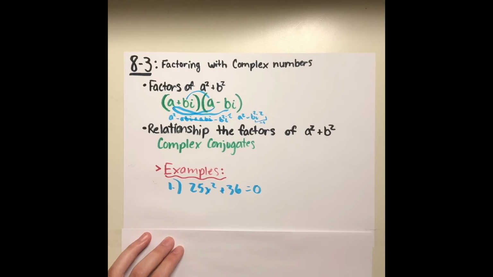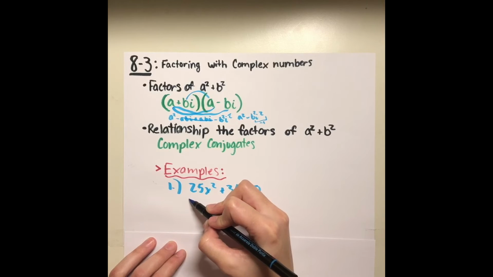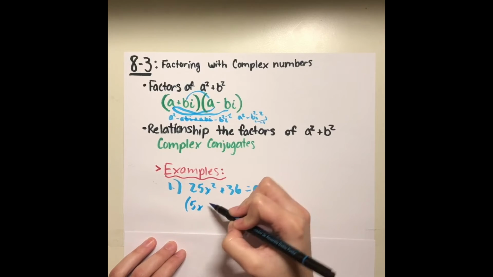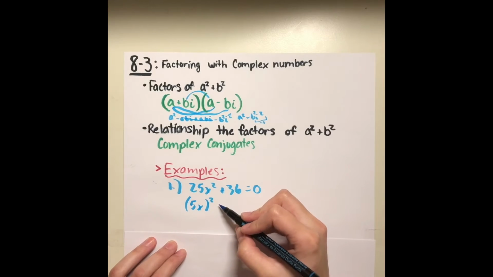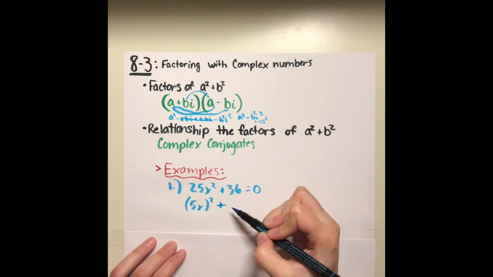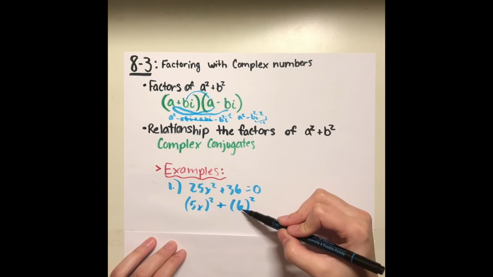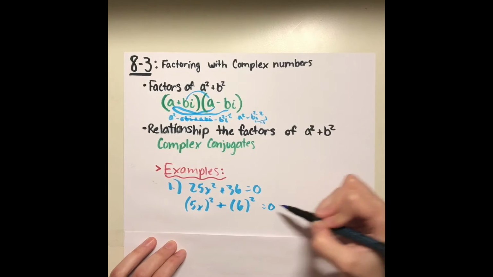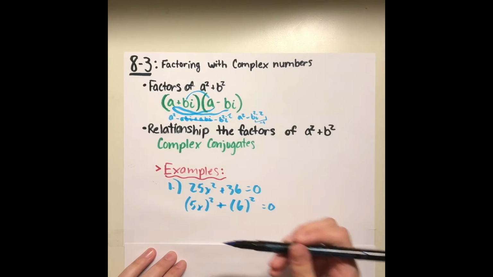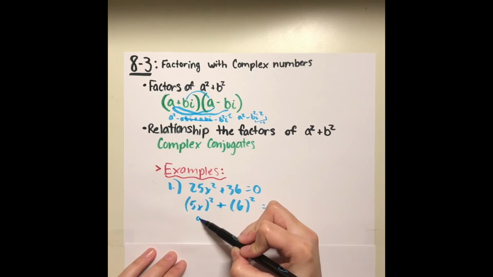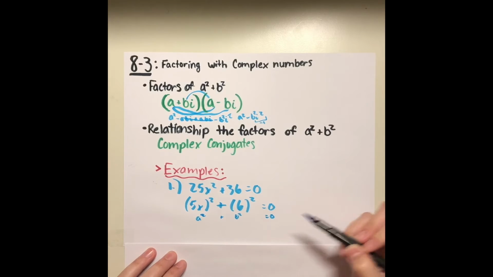The way I like to do this when I write it out is to have 5x squared, so 5 times 5 equals 25, plus 6 squared, 6 times 6, 36, equals 0. Then you can see that it's in the form a squared plus b squared equals 0.